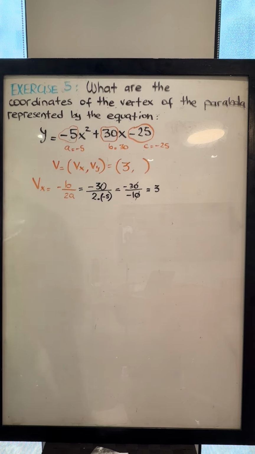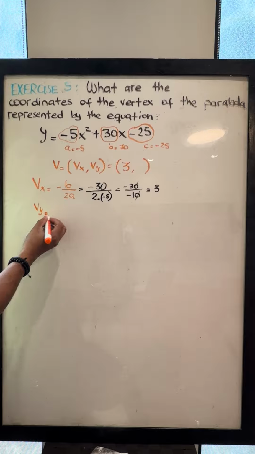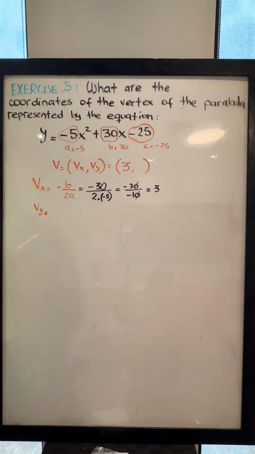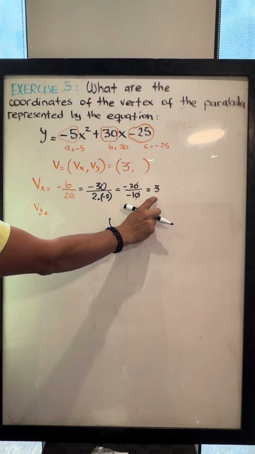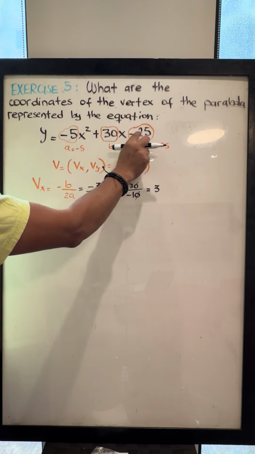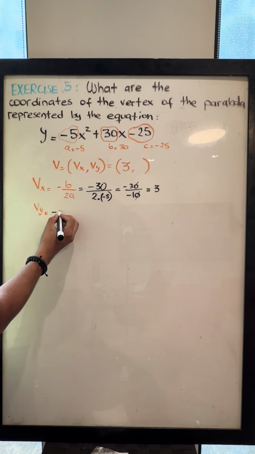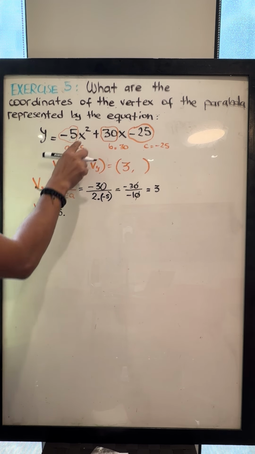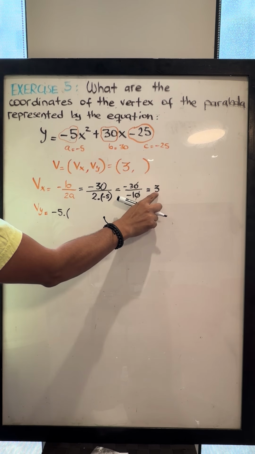Our second goal here is to find by. How can we find by? The only thing you have to do here is replace this number, which is bx, into the equation. So the equation is negative 5 times x squared, and x now is going to be 3.